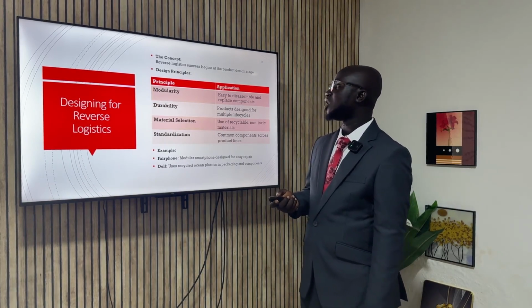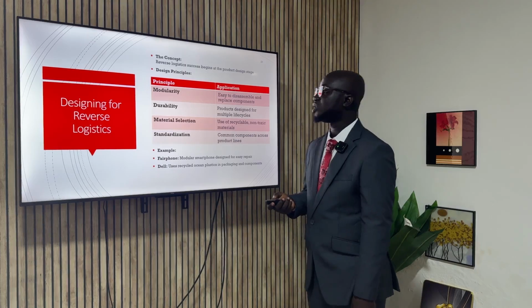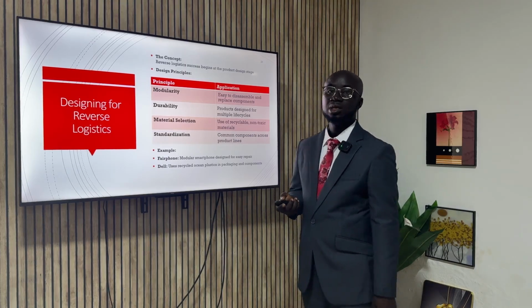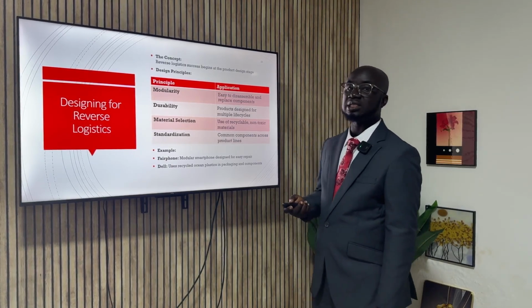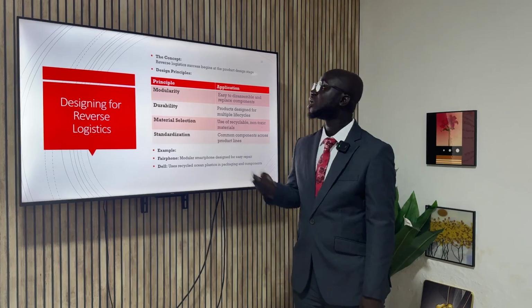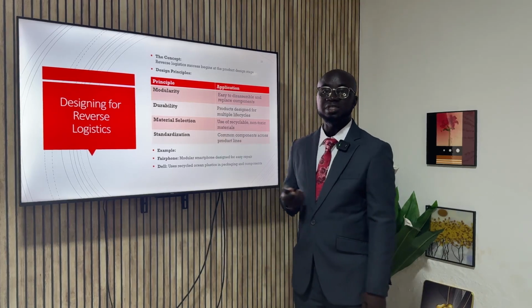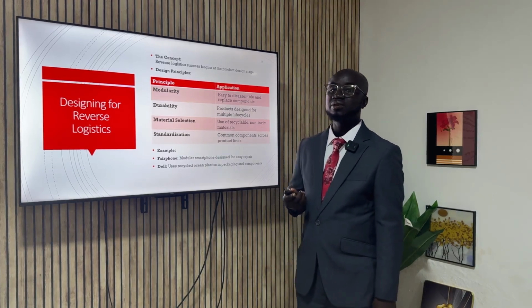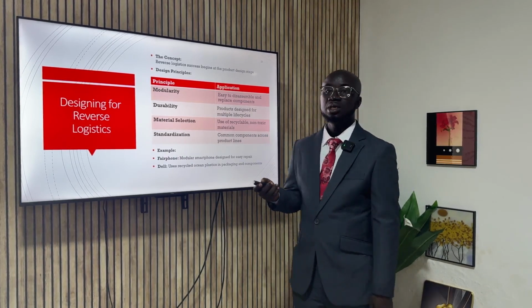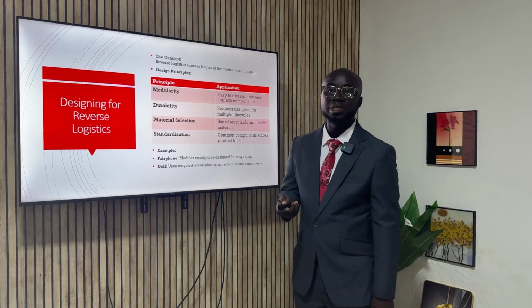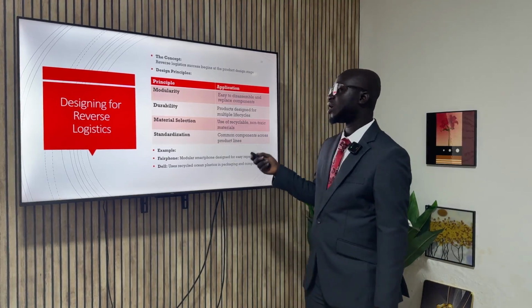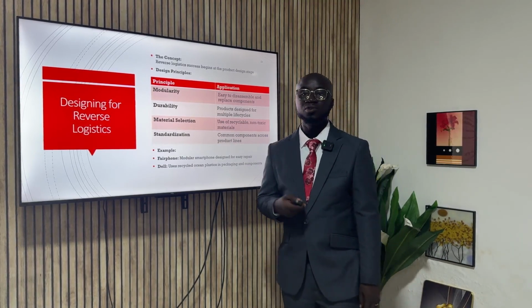Let's look at the concept when it comes to designing reverse logistics. Crucially, reverse logistics success begins at the design stage, as has been envisaged here. Products designed for modularity, durability, and recyclability are easier to recover value from.